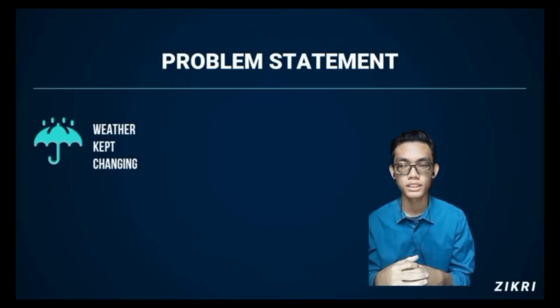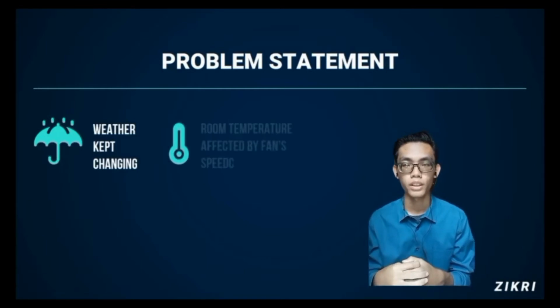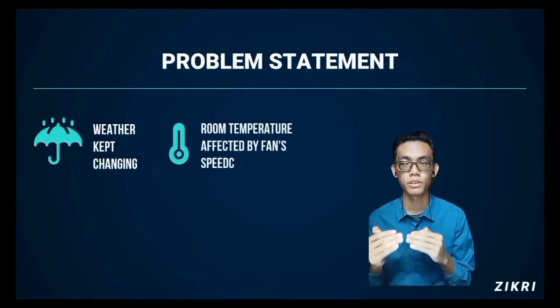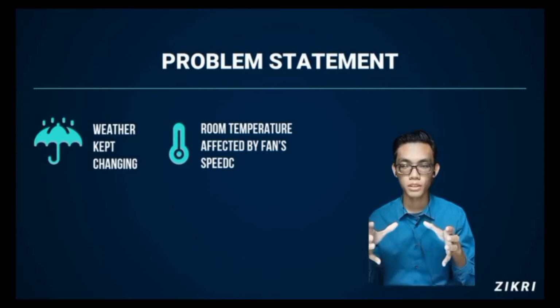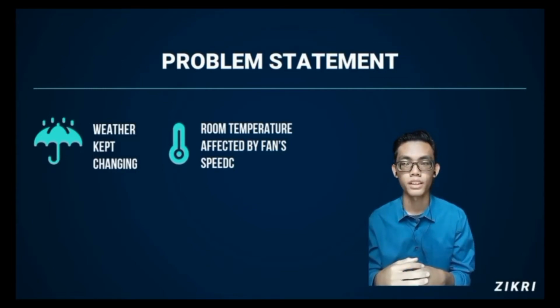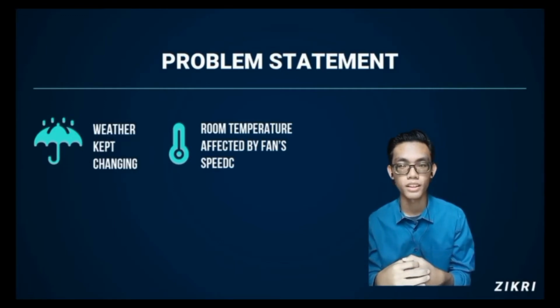This makes certain places, especially major cities like Kuala Lumpur, have issues with hot temperatures. And if we look back, the temperature of a room is affected by the speed of the fan, if the room uses a fan.